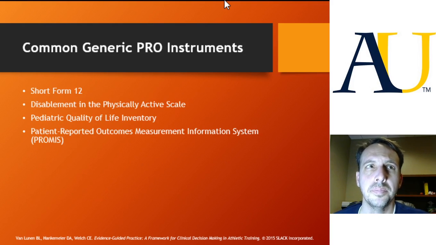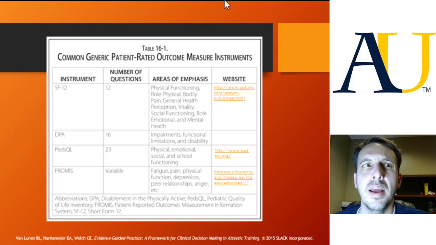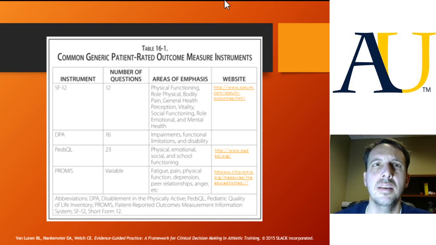Right. And so we talked about some of these before. These are just a list there. I'm going to go through a few examples now, but basically for each one of these, I would like you to spend some time reading about them. That's what it is. There's not much more to add with these than to simply allow you the opportunity to read about where these areas of emphasis are and about the number of questions.